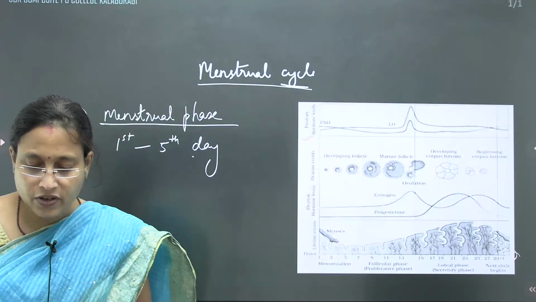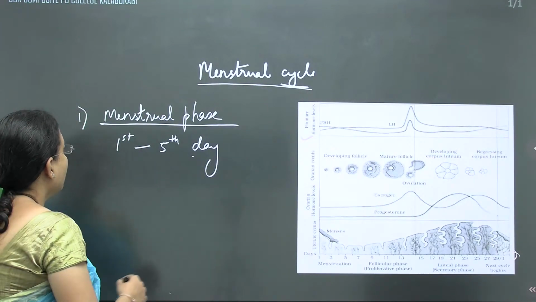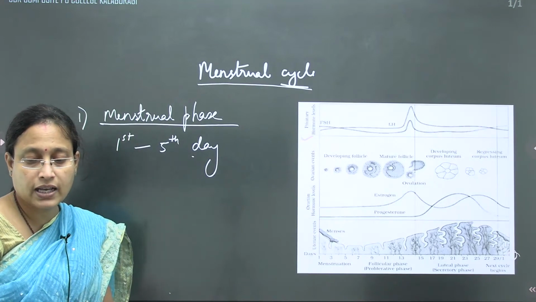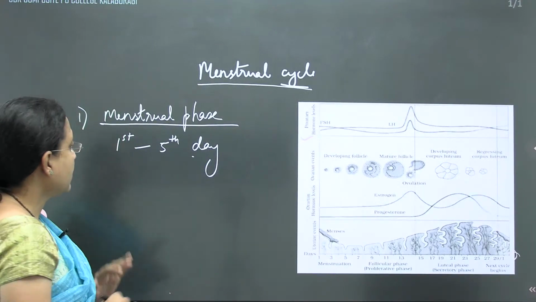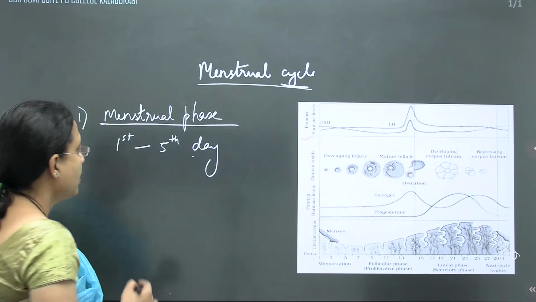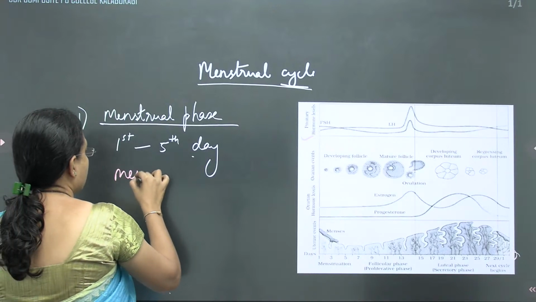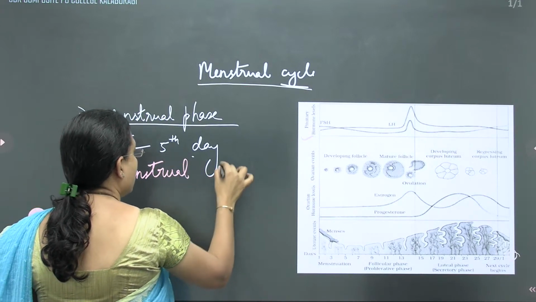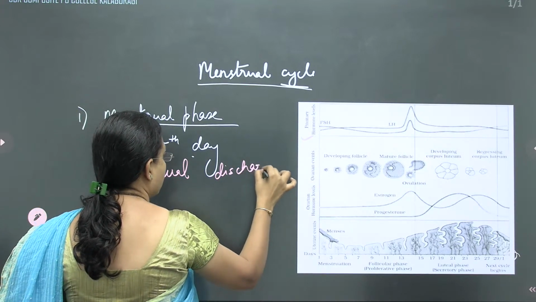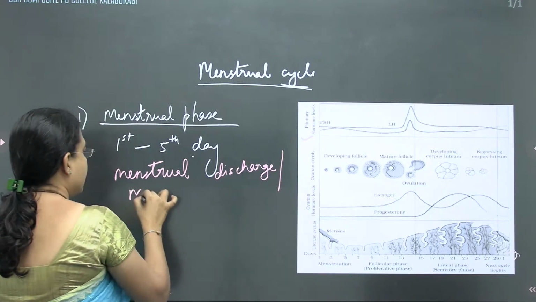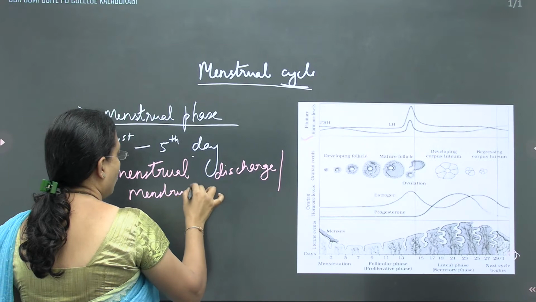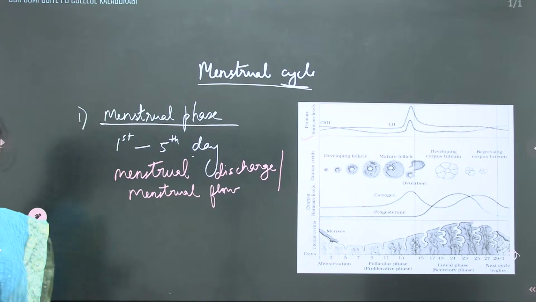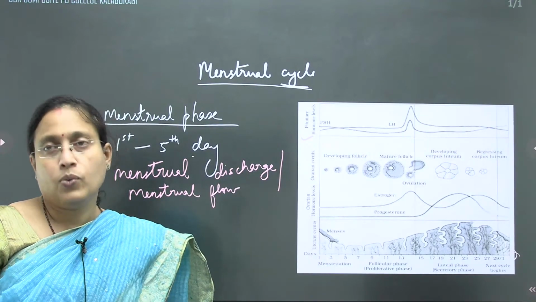One of the characteristic features of this phase is menstrual discharge, which can also be called menstrual flow.